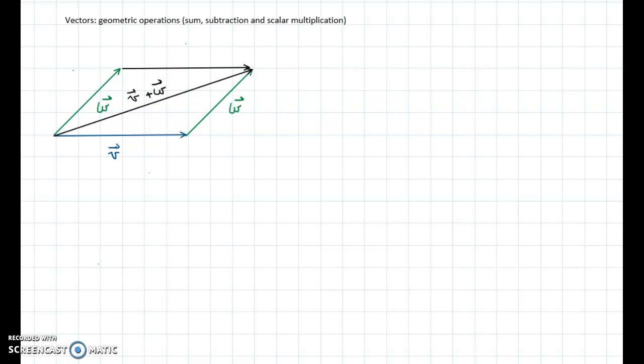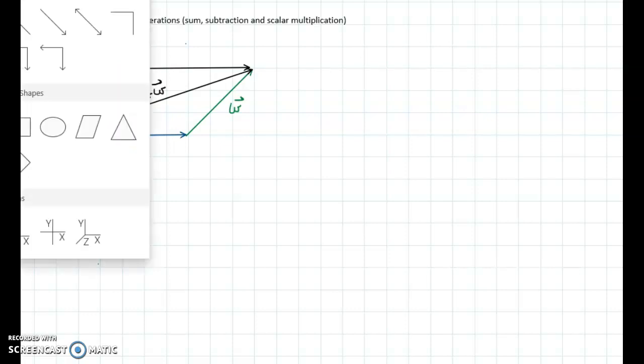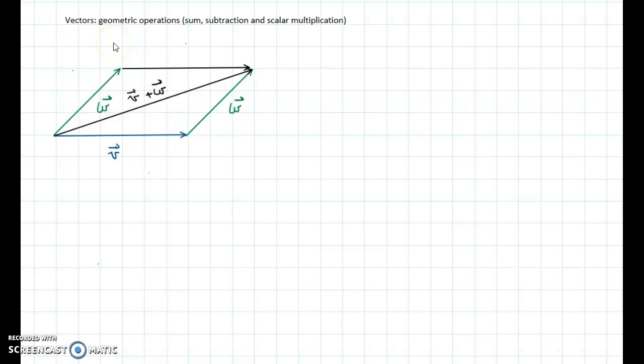If what I wish to do is to subtract vectors, let's say I have my vector, let's call it v again, and I want to do v minus w. Then this is going to be the same as doing v plus the vector minus w, so the negative of w.